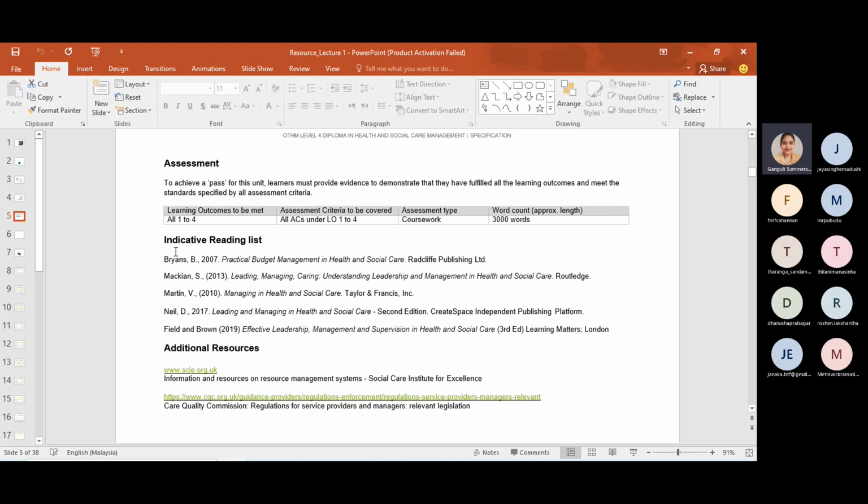Whatever the details, I will tell you once I issue it. For now, I just wanted to show you that there is one assessment which carries 3000 words and should cover all the learning outcomes and all the assessment criteria. That's all you are supposed to know at the moment. More information we can discuss later when I issue the assignment.